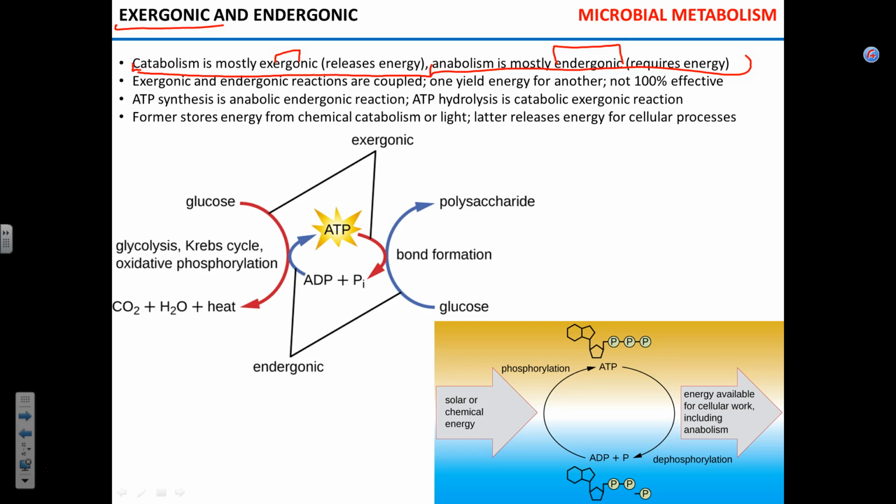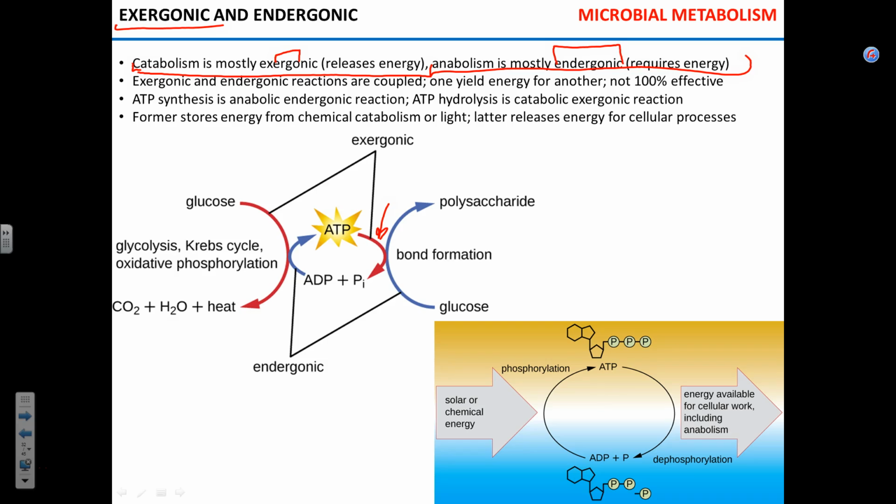Energy doesn't just go out, okay? For instance, when ATP is hydrolyzed and energy is released, it's a catabolic and exergonic reaction right here, the hydrolysis of ATP.